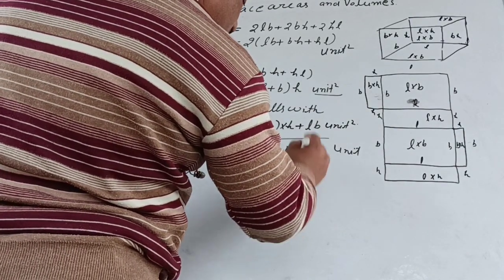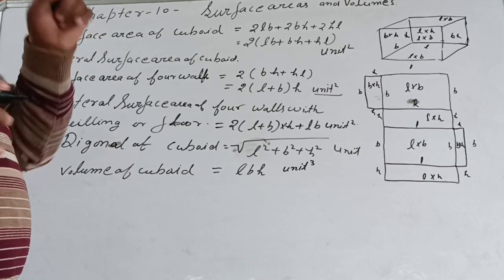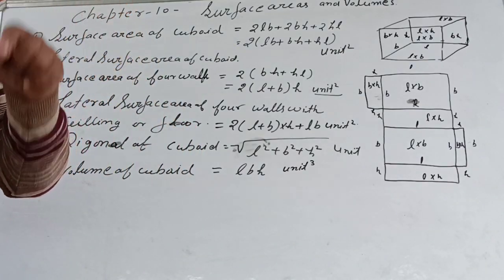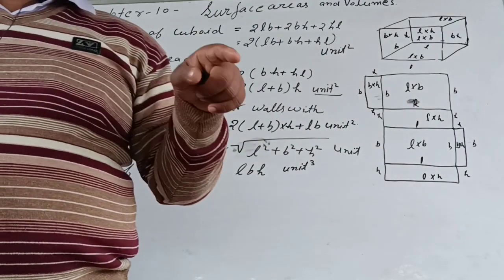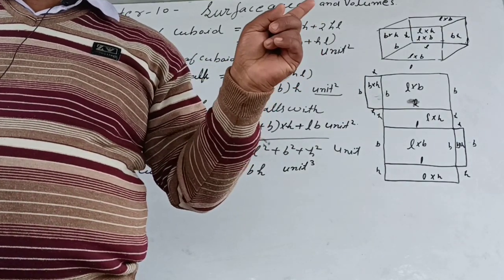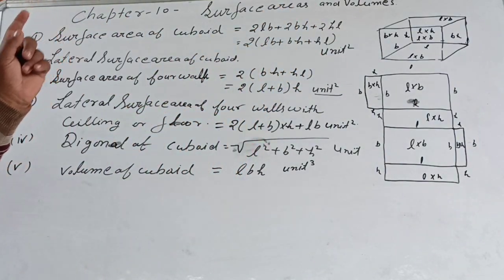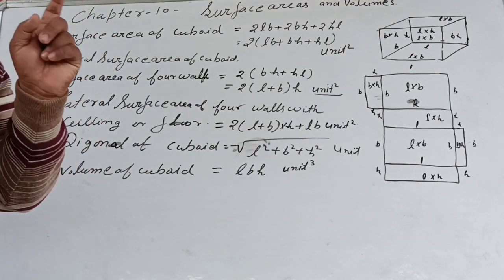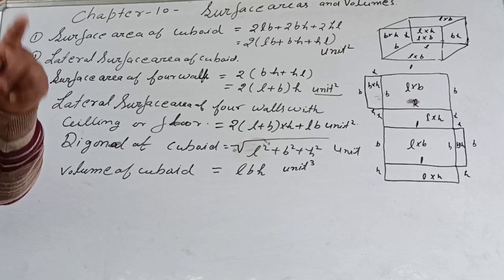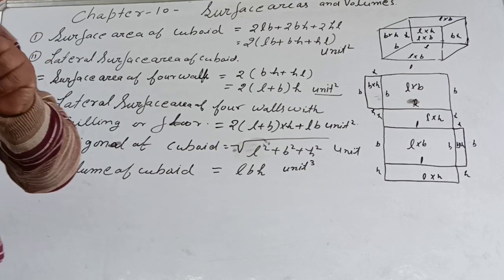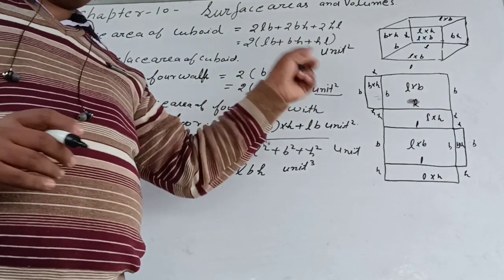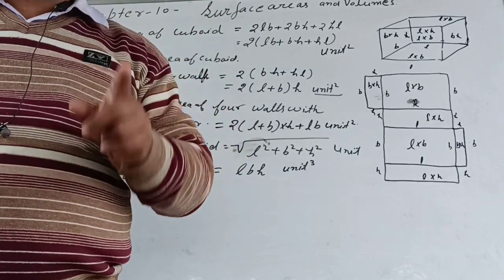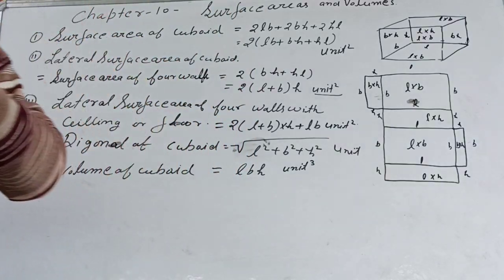In class 10, chapter 10.1 is related to surface area and chapter 10.2 to volume. But in class 9th, chapters 13.1, 13.2, 13.3 and 13.4 are related to surface area, and 13.5, 13.6, 13.7 and 13.8 are related to volume.